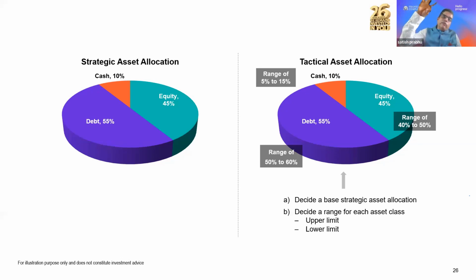Whenever those interest rates start falling, you will see that medium to long-term debt funds will start doing better. So people start taking tactical calls and putting some money in long-term debt funds, typically government securities funds, to make those returns. Now, these things are very difficult. You need expert advice, but I'm theoretically explaining what is a tactical asset allocation.